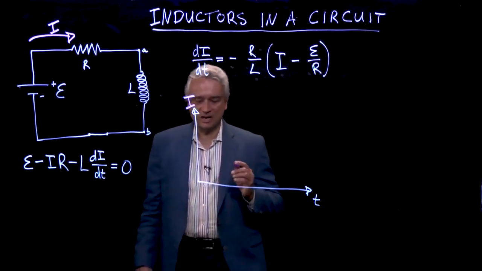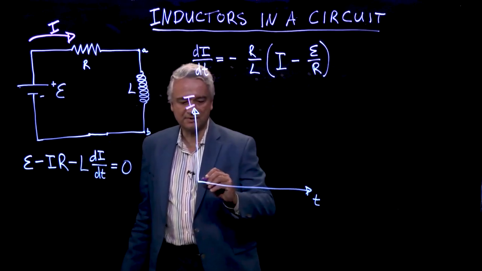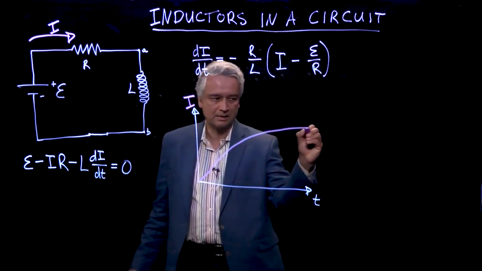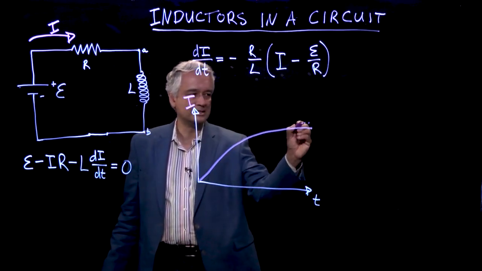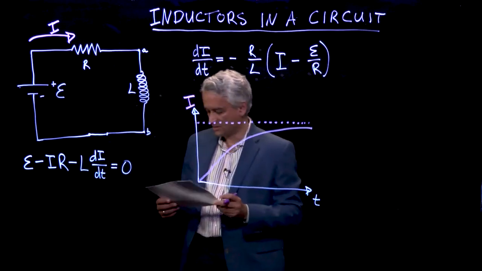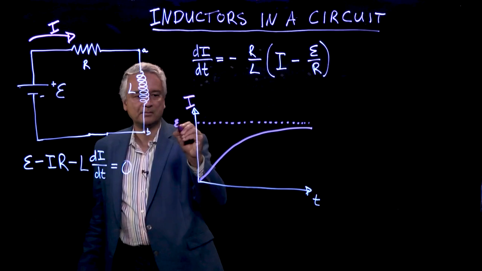And the result is that when I plot the solution, I get a curve which looks like this. It rises initially linearly and then flattens out, and it asymptotes to the value epsilon over R right here.